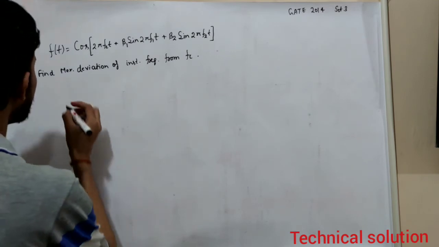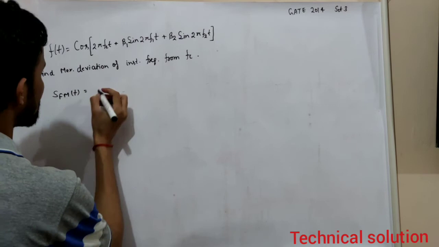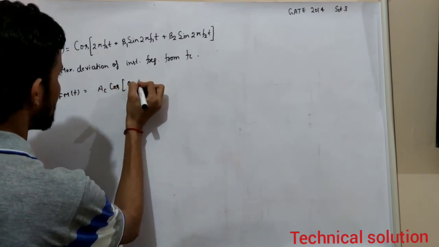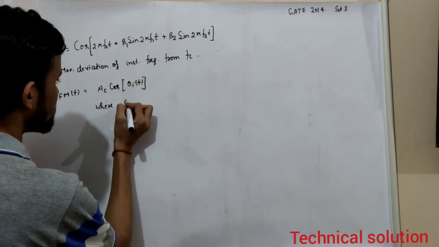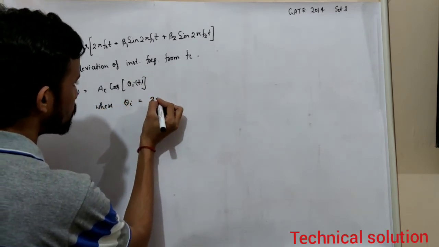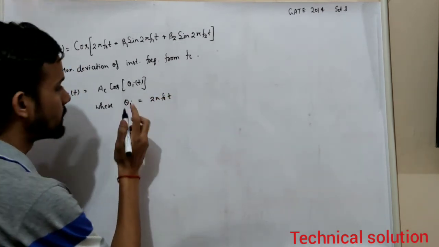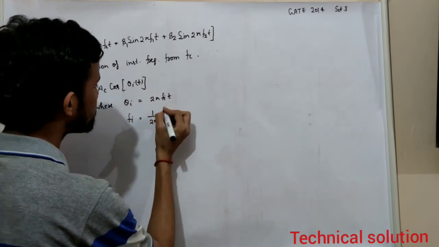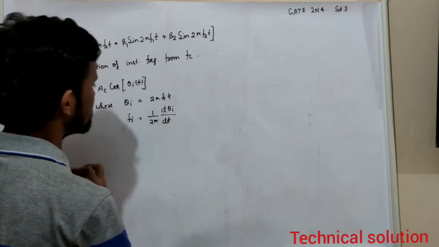As we know, the s_FM(t) is also given as Ac cos(theta i), where theta i equal to 2 pi fi t. Differentiate this equation, then we get fi equal to 1 upon 2 pi d theta i by dt.